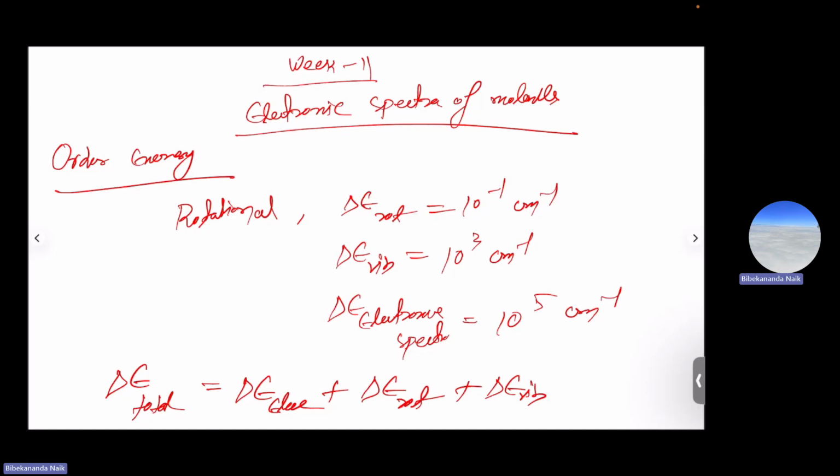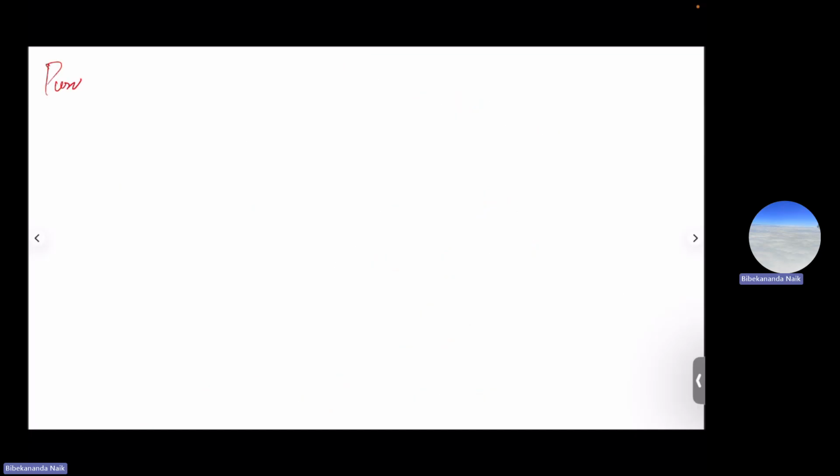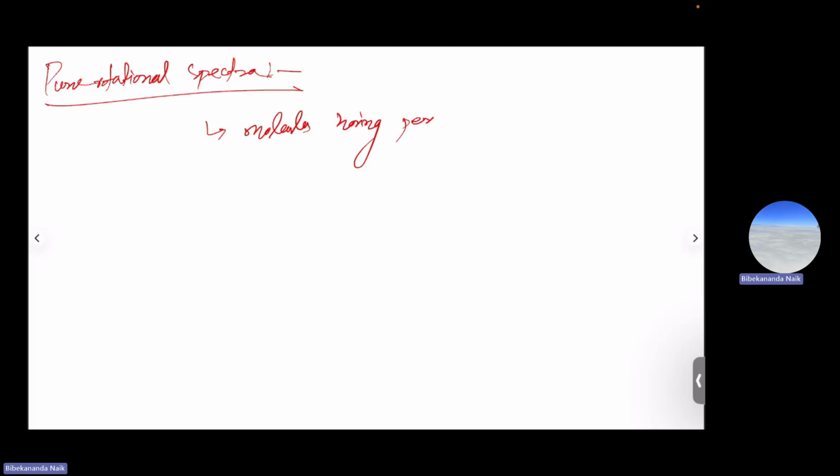Pure rotational spectra are shown by molecules having a permanent dipole moment, for example NaCl, HCl, carbon monoxide.